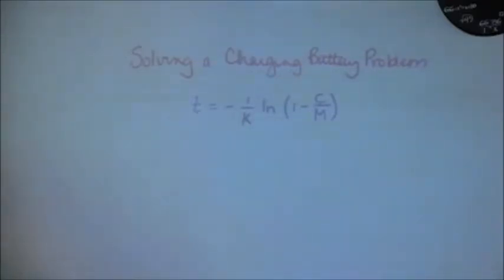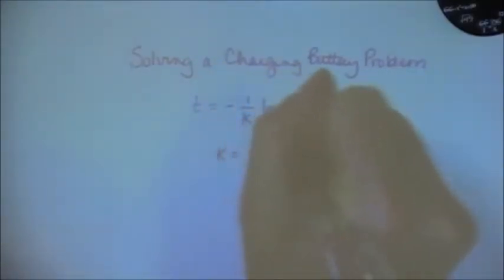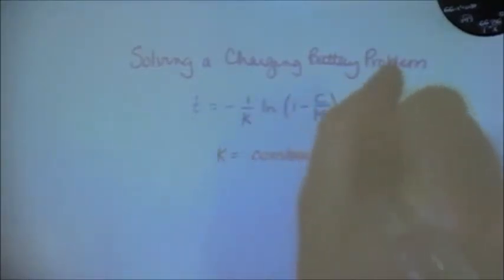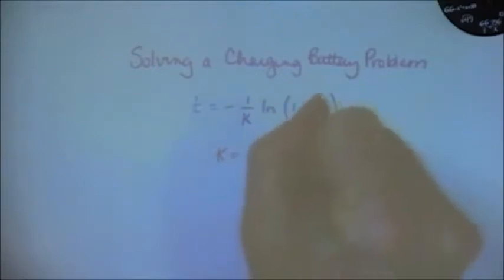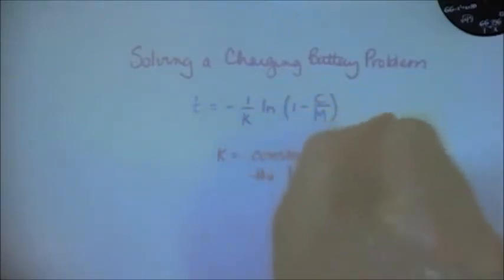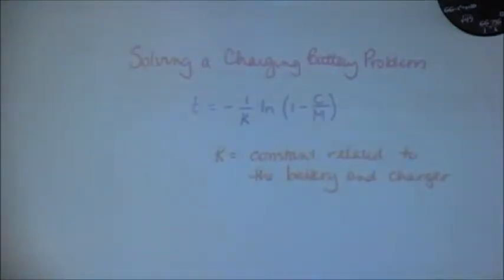Okay, so let me tell you what these letters mean, although you could probably figure it out. K is a constant. So K is some sort of constant, and it's related to the battery and the charger.